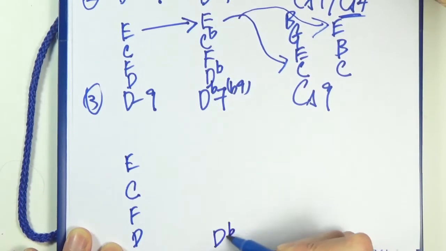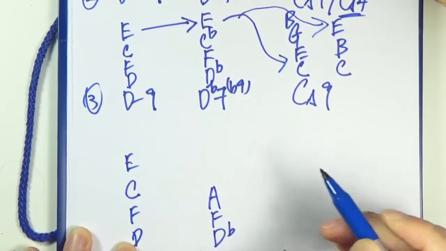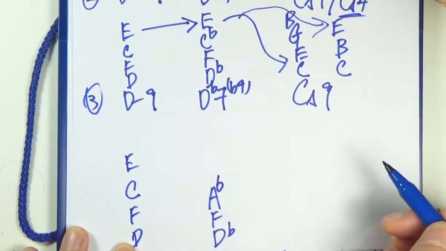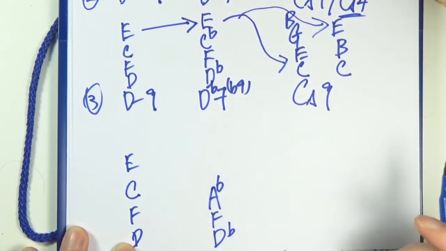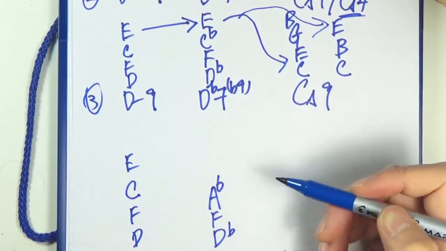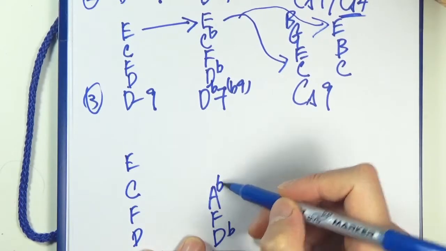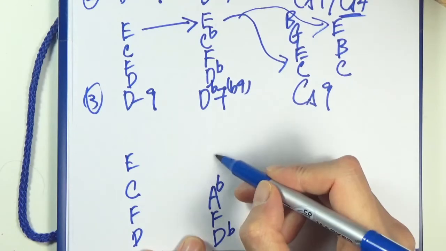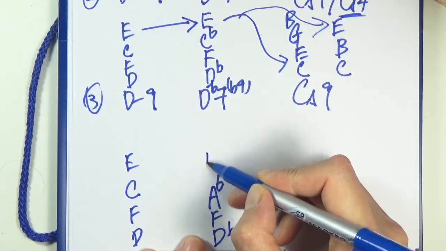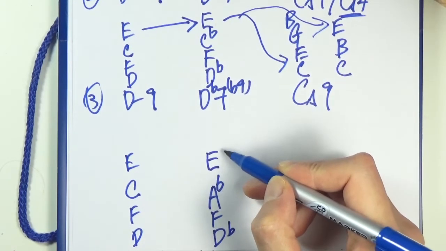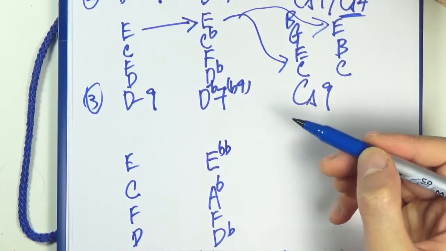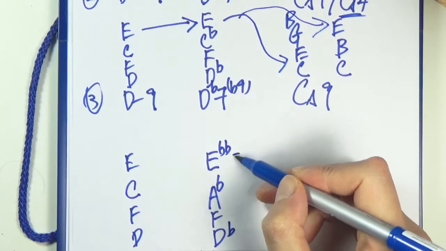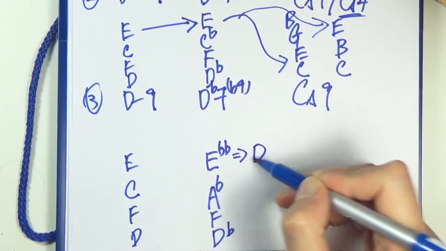So D flat, F, and then you have A flat, and for A flat, that's a flat 5, so nothing here. And flat 9, so E flat would have been the 9th, so E double flat. But if you check it out, E double flat is really just D, right?